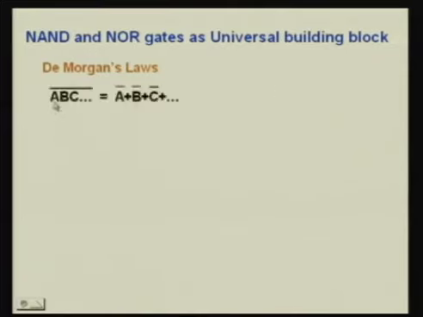Here we have A, B, C, the logical inputs, because they can assume either 0 state or 1 state. We should always keep in mind that in digital electronics and logic gates, A, B, C can either be 0 or 1.